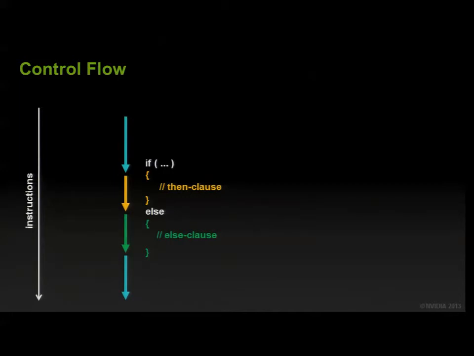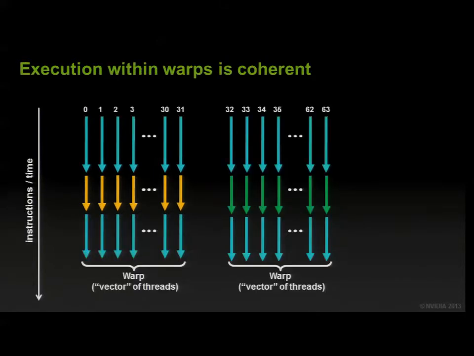So, for instance, here we have our control flow, and we hit an if, and so there is a then clause, and then there is an else clause, in green. Now that we're not having a single instruction, but rather an entire warp of threads that execute in lockstep, these 32 threads will process, and then they hit the if, and they go through the true branch.